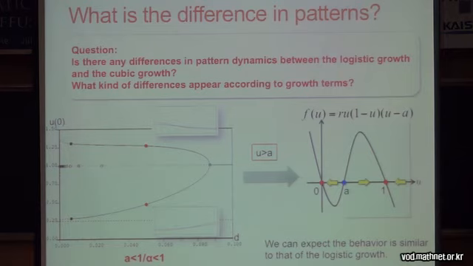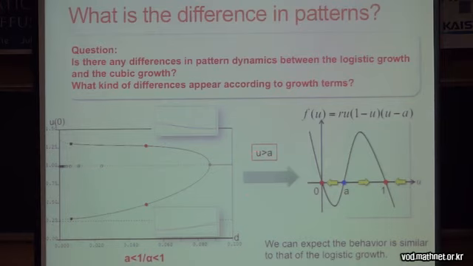So if we consider the parameter region where 1 over alpha is greater than A, the moderate case, we can say U is always greater than A, because this is the minimum value of the stationary solution.